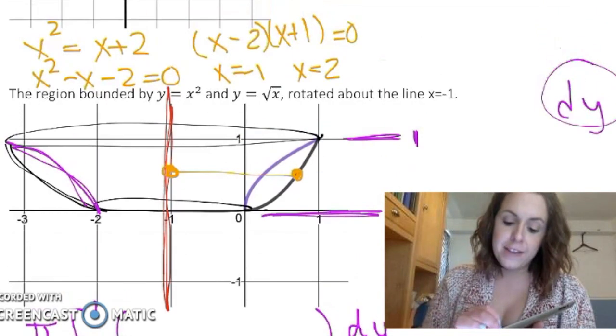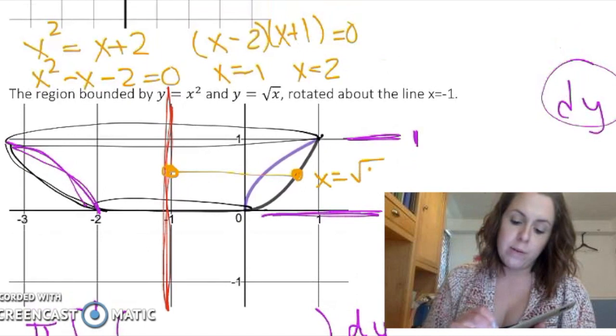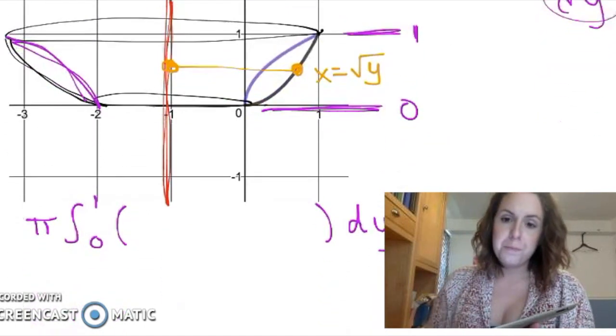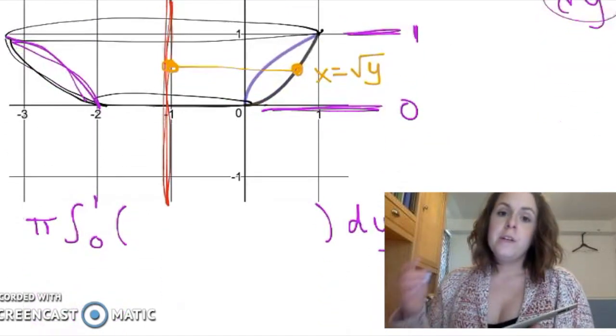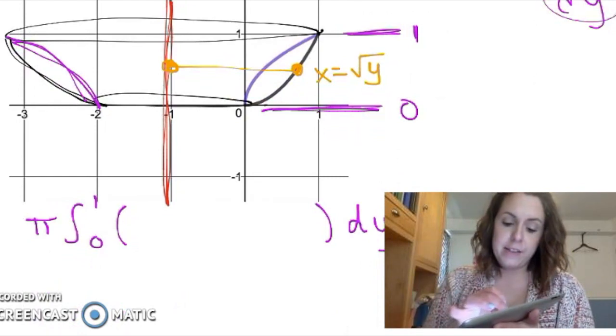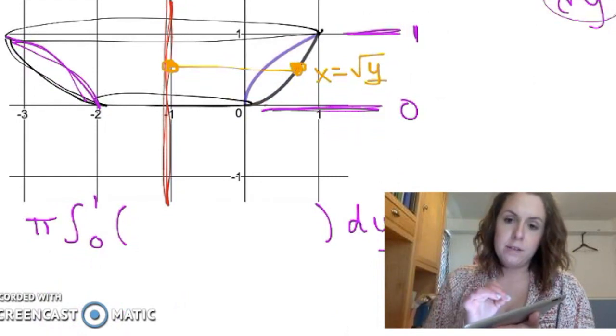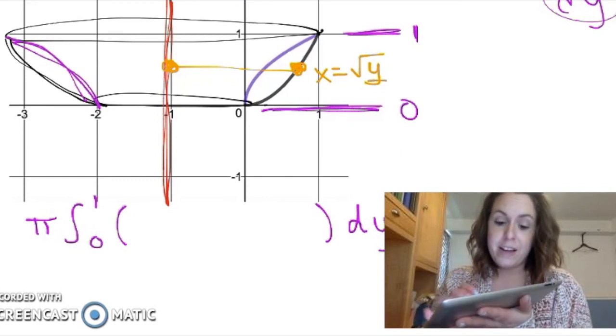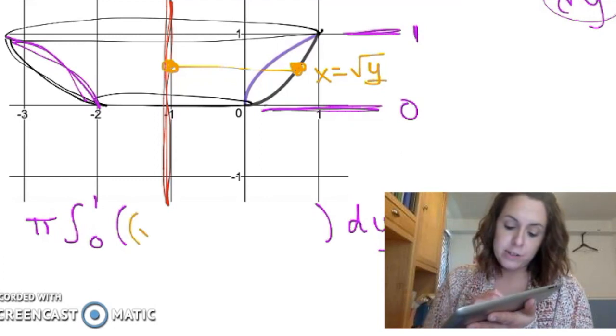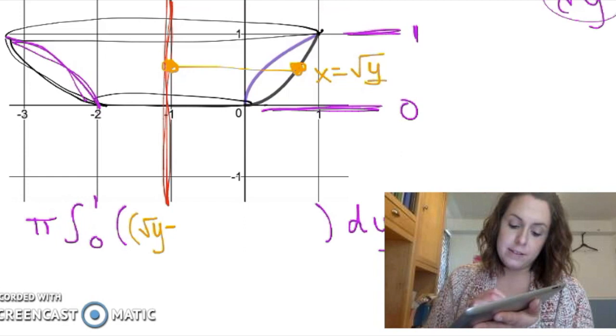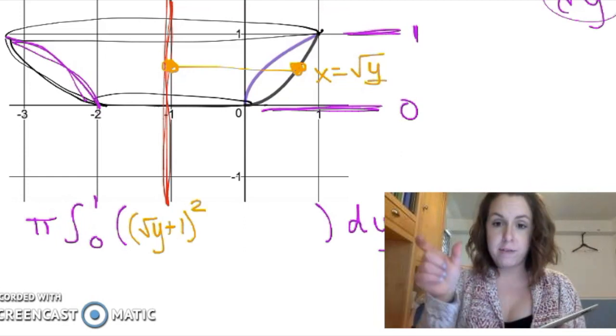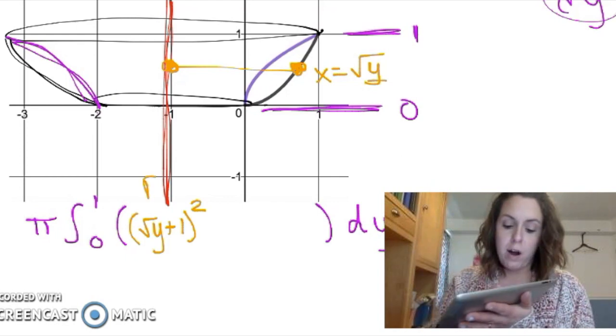In terms of y, this would be x equals square root of y. So that radius is the outer, square root of y, minus the inner, which is -1. So that radius is square root of y minus -1. And then I'm going to square that because that's my outer radius squared, right? R squared.